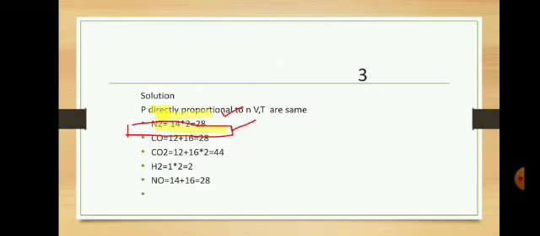CO2 is equal to 12 plus 16 into 2 is equal to 44. H2 is equal to 1 into 2 is equal to 2. NO is equal to 14 plus 16 is equal to 28. As N2 and CO are similar, the X molecule for us is CO.